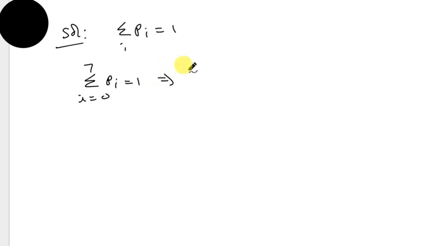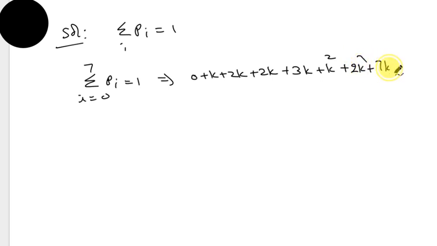This implies 0 plus k plus 2k plus another 2k plus 3k plus k squared plus 2k squared plus 7k squared plus k equal to 1.